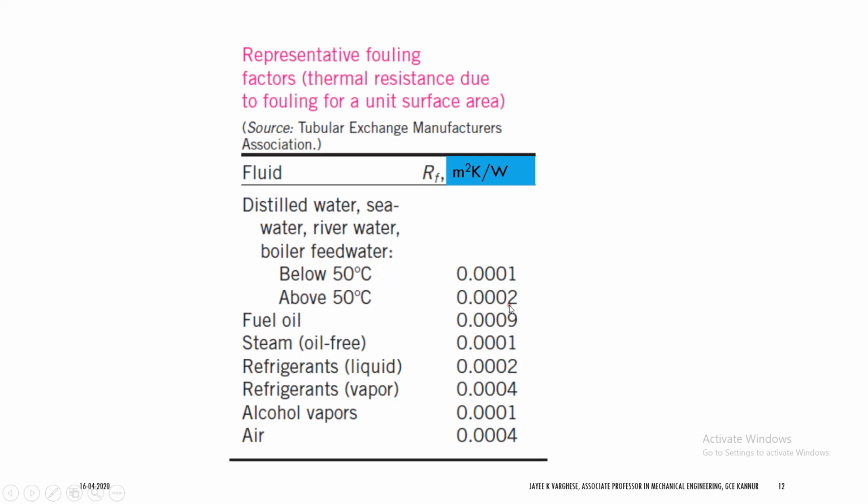Above 50 degrees Celsius, it will be 2 into 10 raised to minus 4 meter square Kelvin per watt. And for fuel oil, it will be like this. Steam oil, you can have like this, all these values. These are some values which can be used. This table is taken from a textbook. You have to refer to your HMT data book for use in the examination hall.